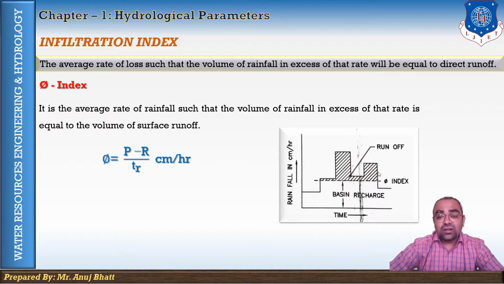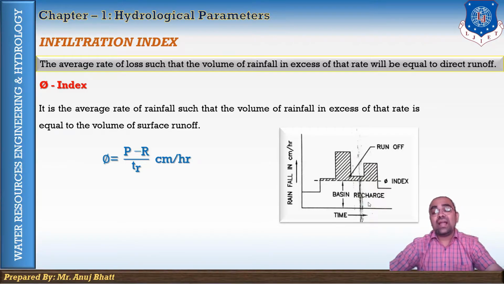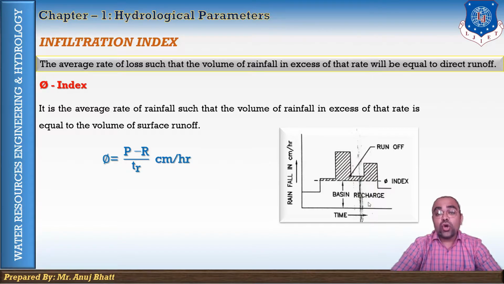The unshaded area below the horizontal line represents all the losses, including interception, depression storage, and infiltration. But it is assumed that these losses are due to infiltration only.